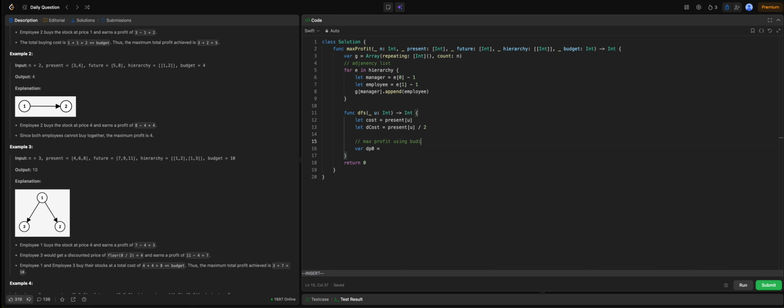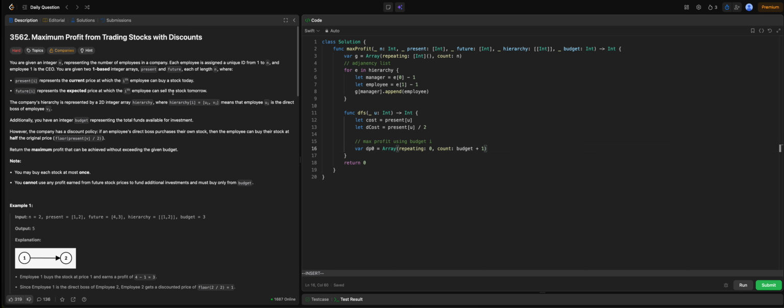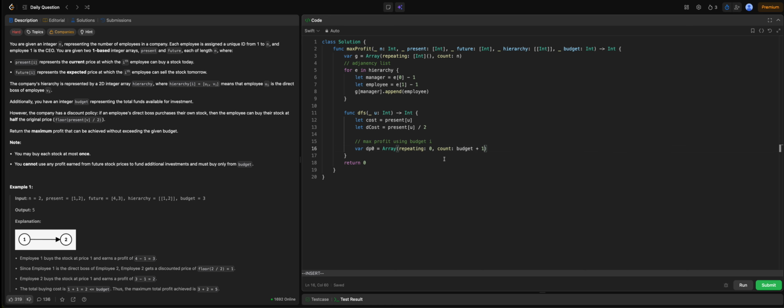using budget I. I just want to utilize without having a discount for the first employee, and then that would be the same as a nested array of 0 originally, and then count will be the budget plus 1. Since we're given the budget in here like 3, so that will be creating an array size of 4 with the initial values of 0.